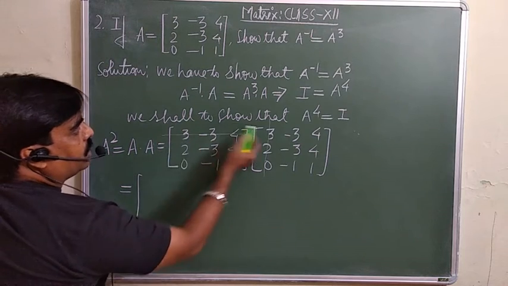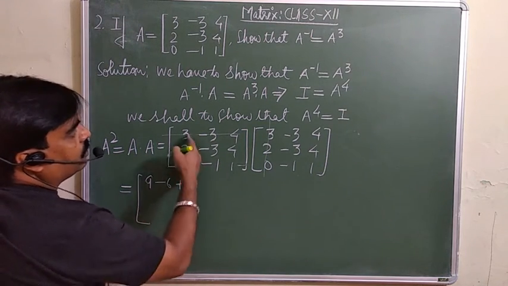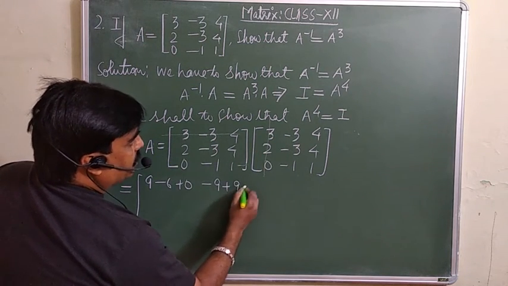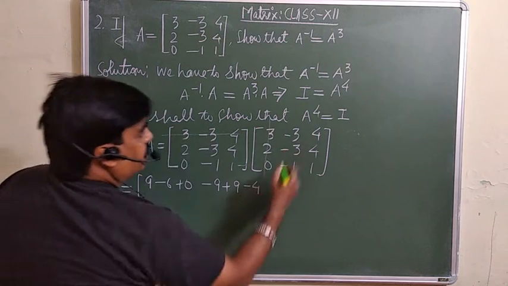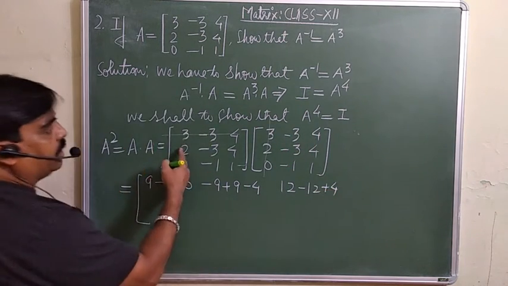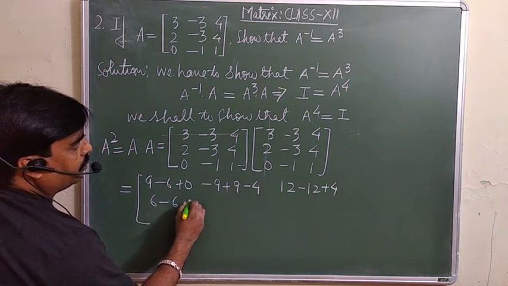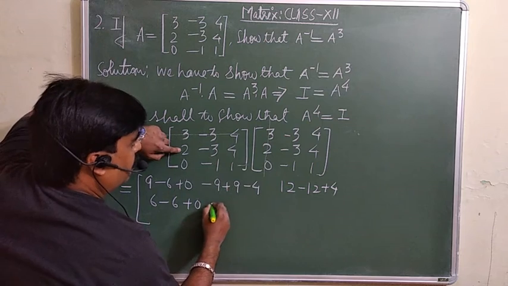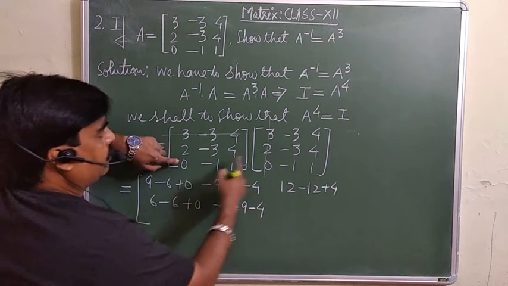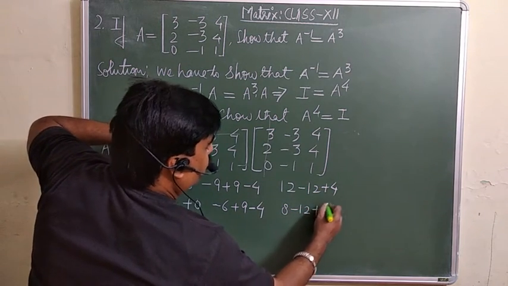So directly I am doing 3 into 3 is 9, minus 6 plus 0, minus 9 plus 9 minus 4, 12 minus 12 plus 4, here 6 minus 6 plus 0, minus 6 plus 9 minus 4, 8 minus 12 plus 4.